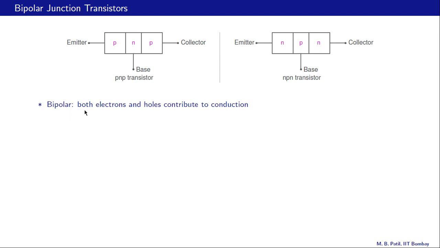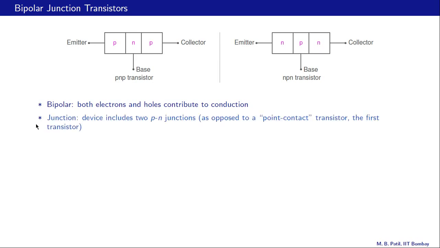Bipolar because both electrons and holes contribute to conduction in these devices, as opposed to, for example, MOS transistors, in which only one type of carrier contributes. Junction because the device includes two PN junctions, one here and one here, and this should be contrasted with the point contact transistor, which was the first transistor to be invented by Shockley and others in 1947.